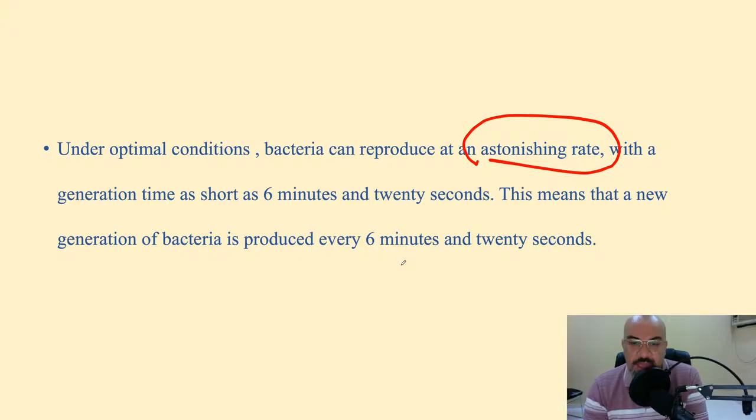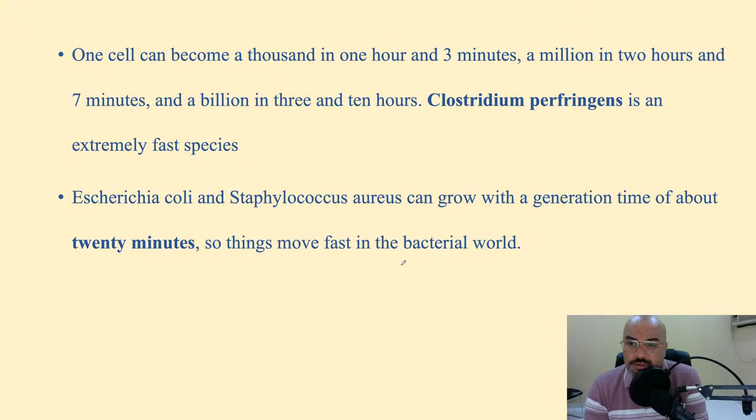In the following 6 minutes and 20 seconds, you are talking about 400 bacteria, and this will end with a huge amount of cells in a matter of hours. Luckily, Clostridium perfringens does not appear frequently in the wounds.